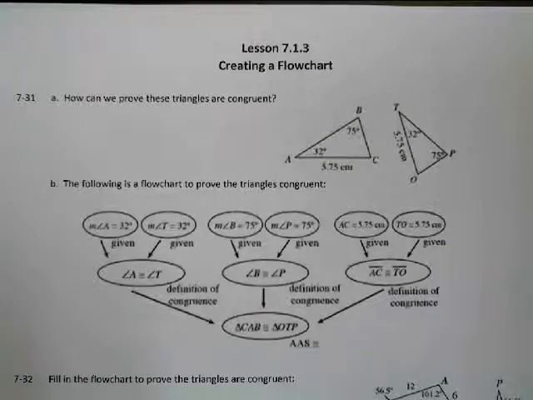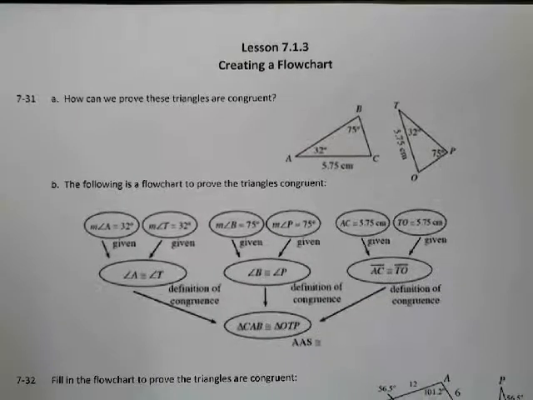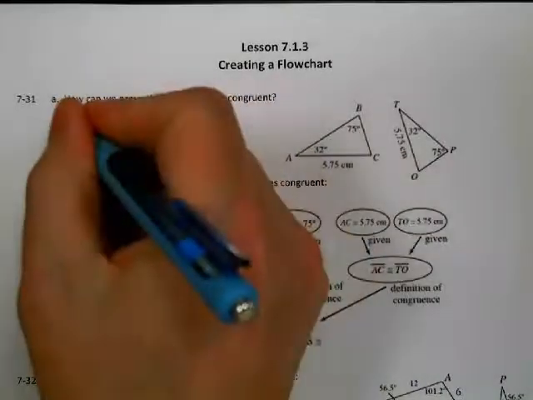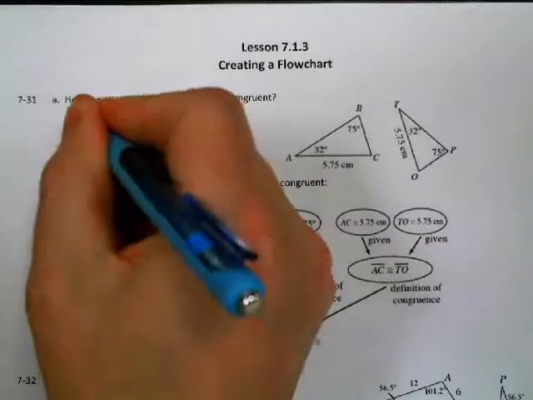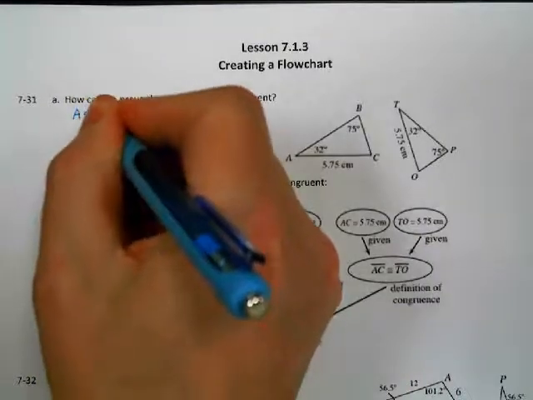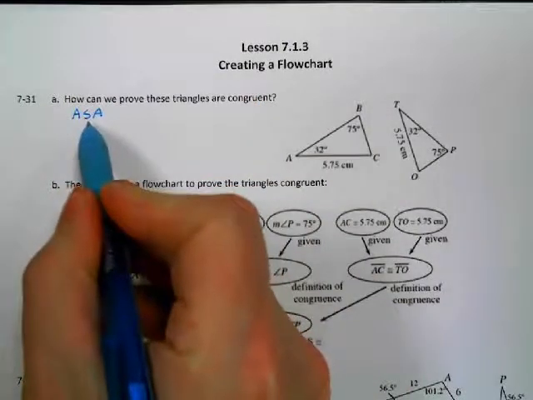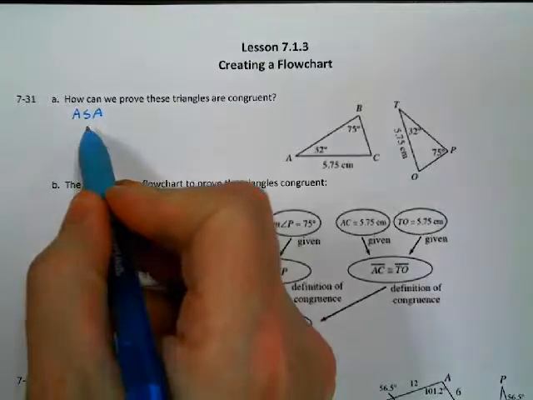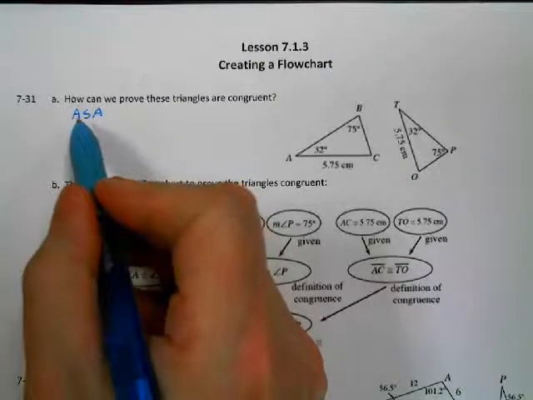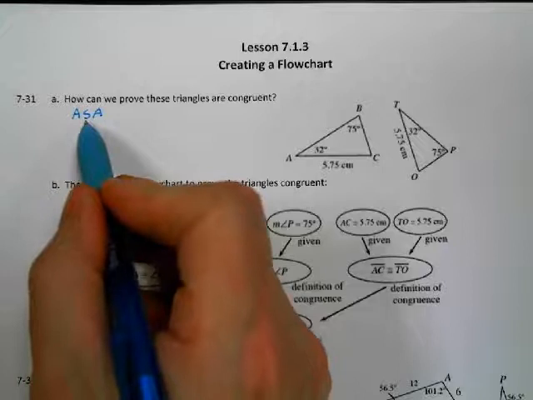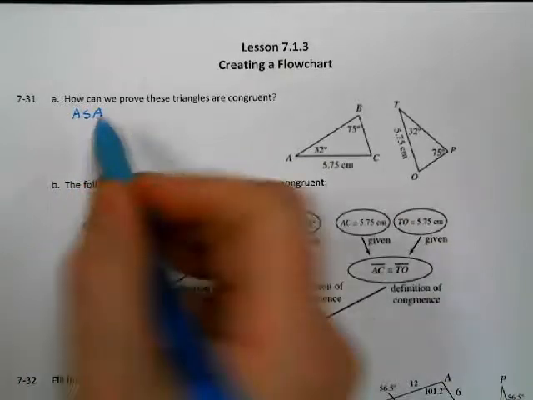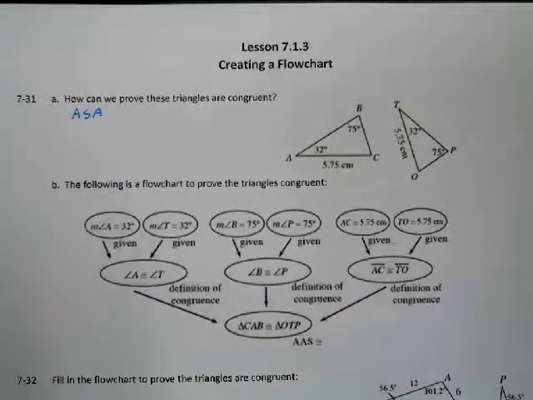Well, in the last lesson, we found out there were two shortcuts we could use. If we had two angles with an included side, meaning a side right in between them, that would be angle side angle. And if we could prove that we had a congruent angle, included side, and a congruent angle, that would be enough to prove the two triangles are congruent.